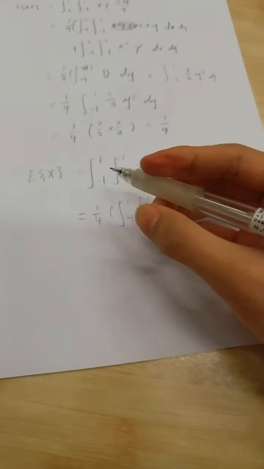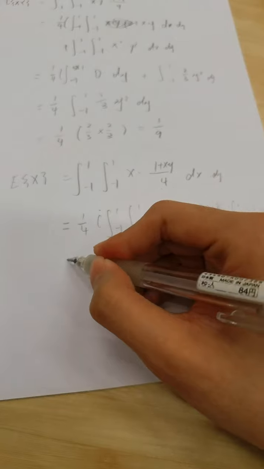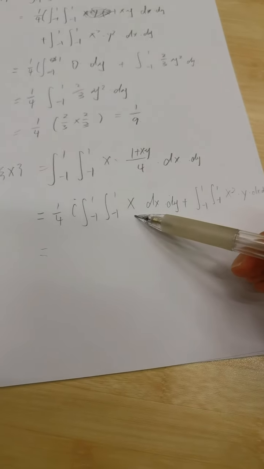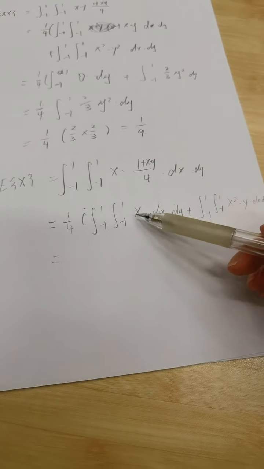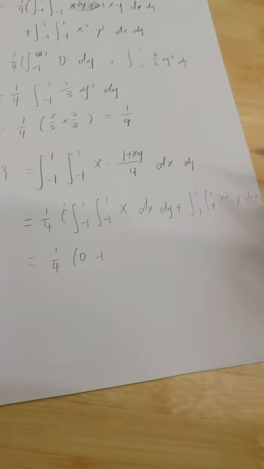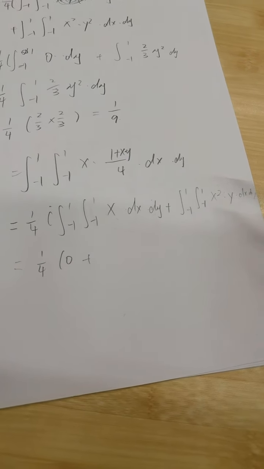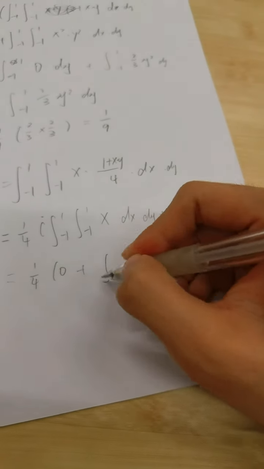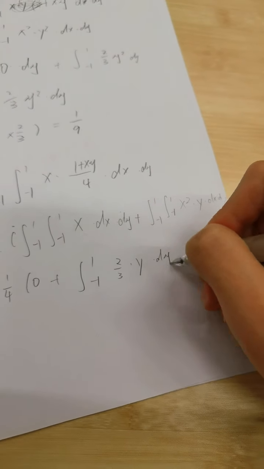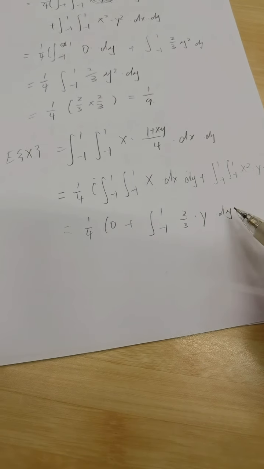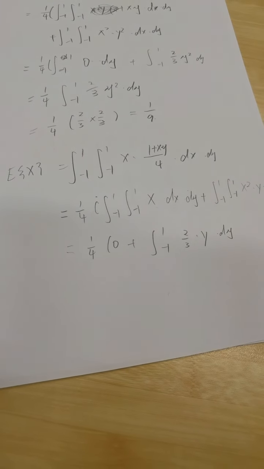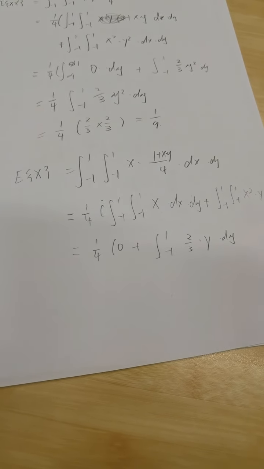We calculate the first part first, because it's an odd function, so from 1 to negative 1 it is just equal to 0. So this part is 0. Plus, because x squared is an even function, we can calculate the result, which is equal to 2 over 3 times y times dy. As we know, 2 over 3 times y is also an odd function, so if we integrate from 1 to negative 1, it is also 0.